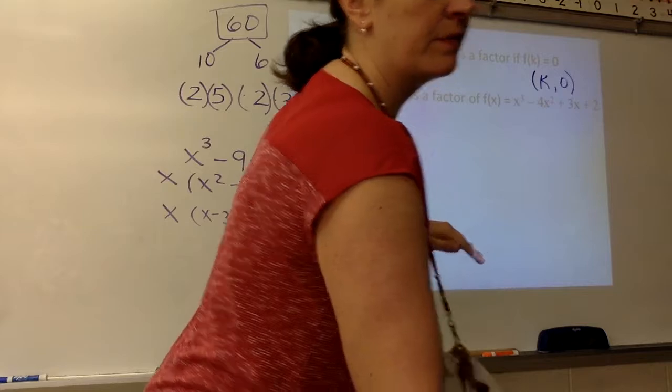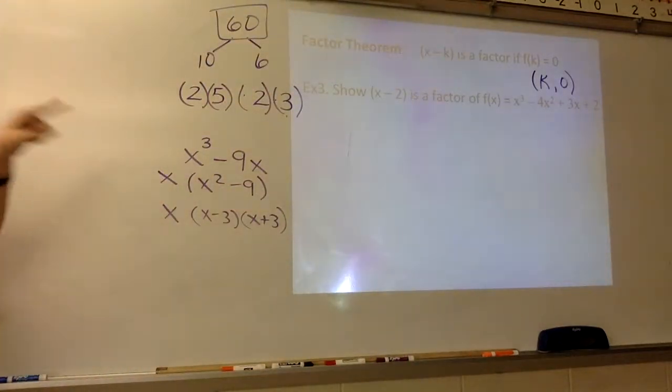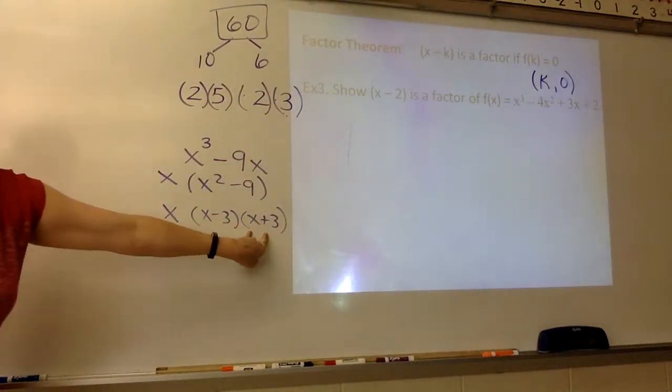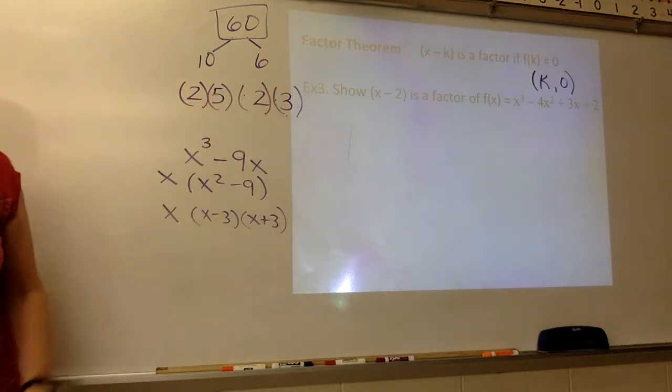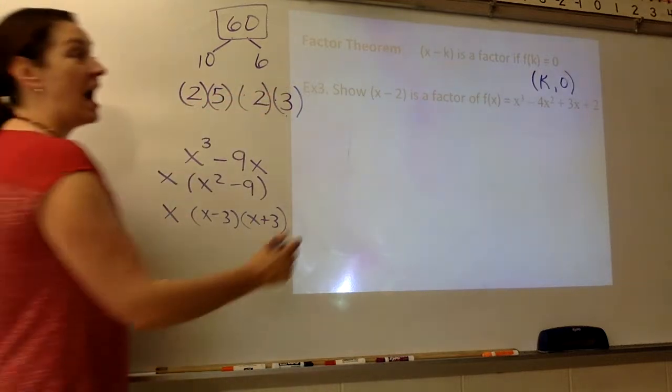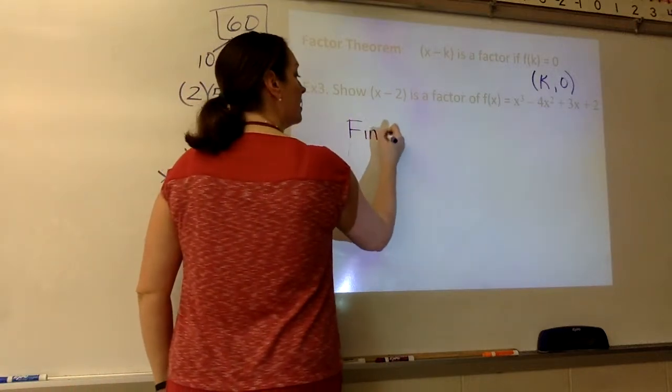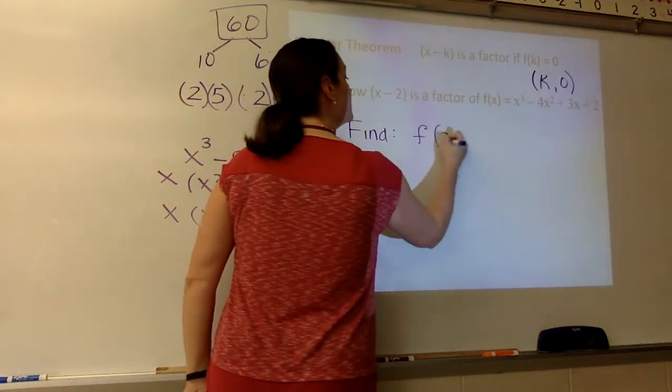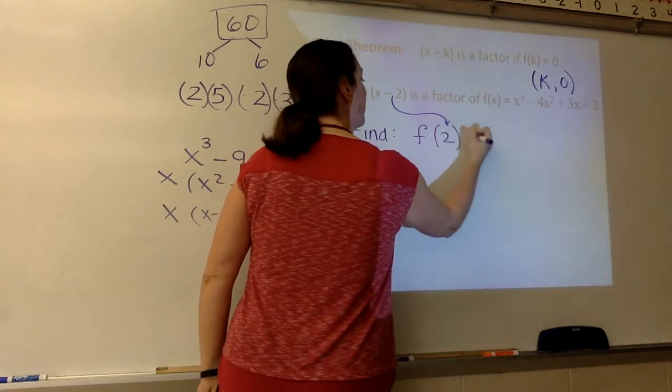Okay, so now the factor theorem is going to tie into what we're doing here. Let me show you. Show that x minus 2 is a factor of this big, long, ugly thing. All right, no problem. I'm going to find f of 2. Notice the sign flip.